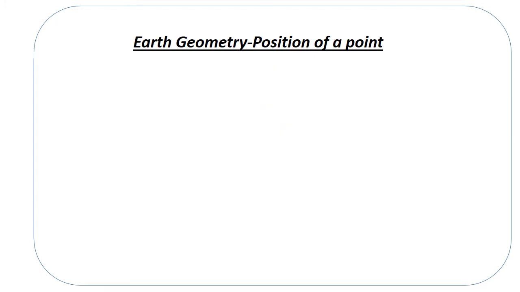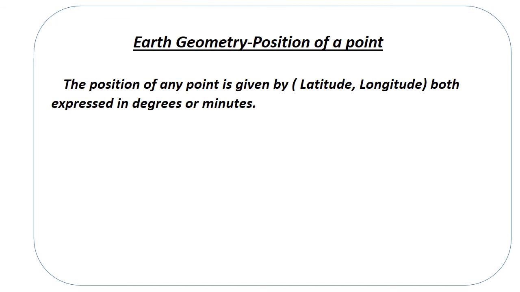Next, we study the position of a point. Just like on the graph or on the x-y plane, the position of any point is given by the x value and the y value, as in (2, 4), (3, 6), and the likes. So the position of any point is given by, first you state the latitude where that point lies, then you state the longitude.